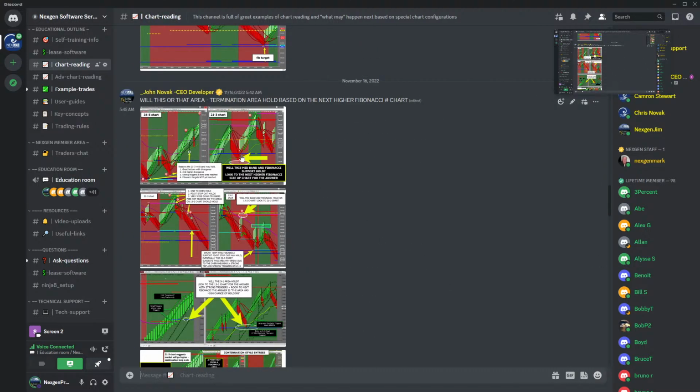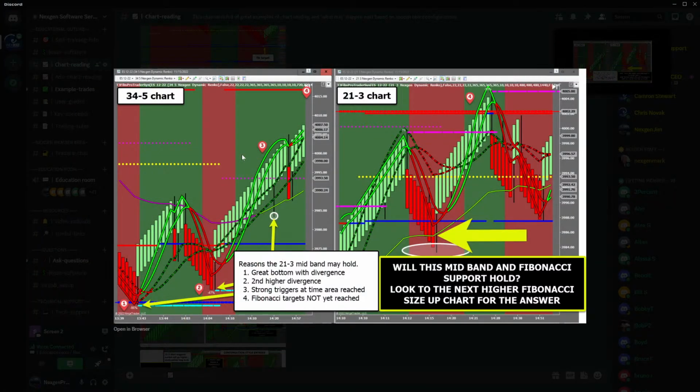But you're asking yourself a question, right? So this is a 34.5 and a 21.3 chart, but it's the same idea. If the larger chart says that the midband and fib are going to hold, then it usually does.